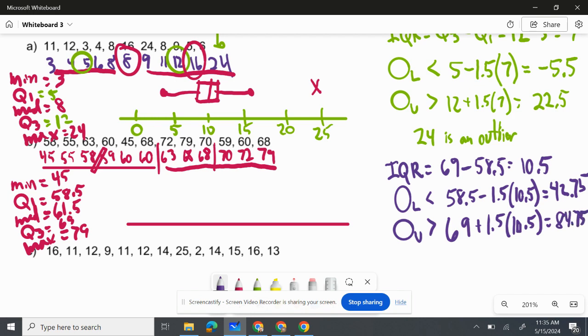Now, when we look at our values, we see nothing less than 42.75 and nothing greater than 84.75. So we have no outliers.